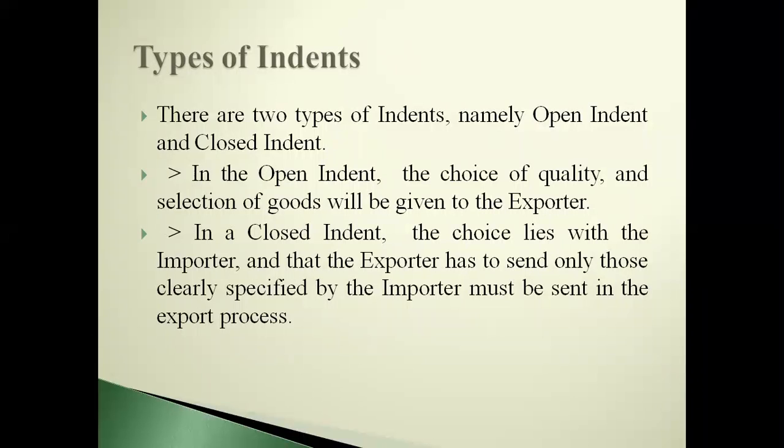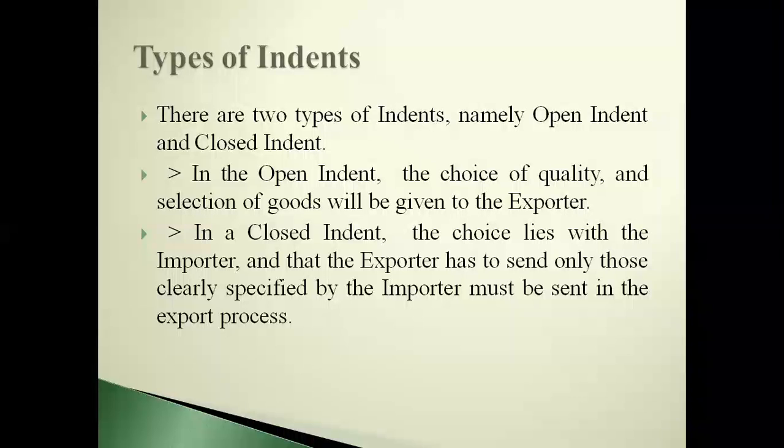Now, we will see that in these indents, there are two types, namely open indent and closed indent. An open indent is one where the choice of quality and selection of goods will be given to the exporter in this process of supply of goods by export.